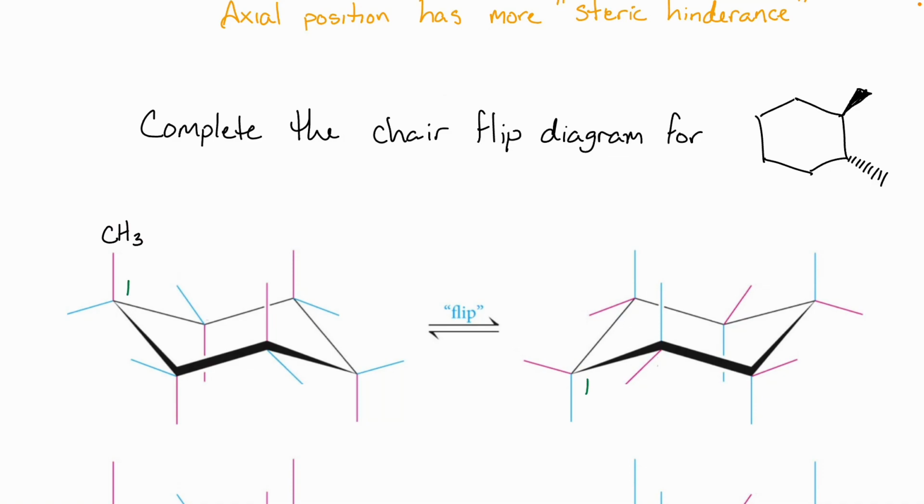All right, and just to color code from my original structure, we'll say that this is carbon 1. Okay, so now put in that methyl group on your flip as well, on the right-hand side. Where should it go?